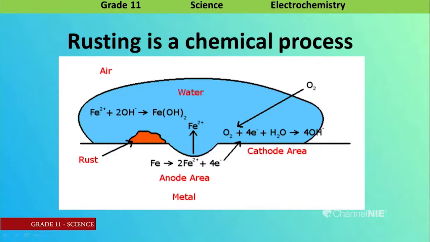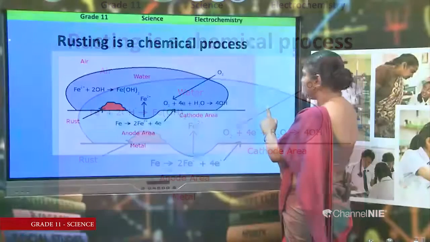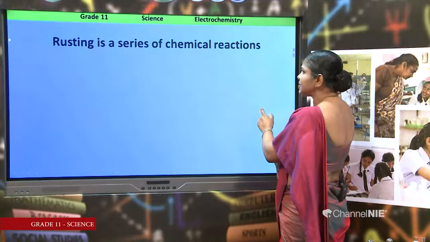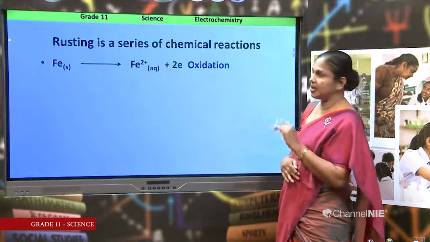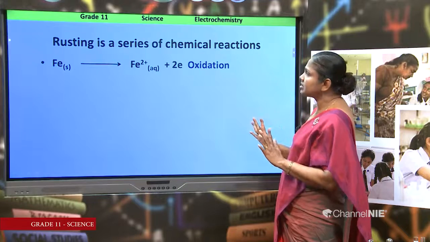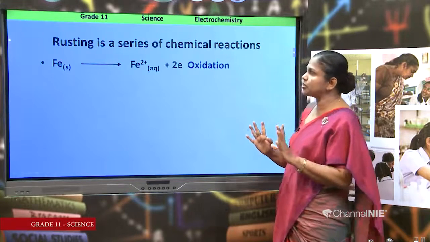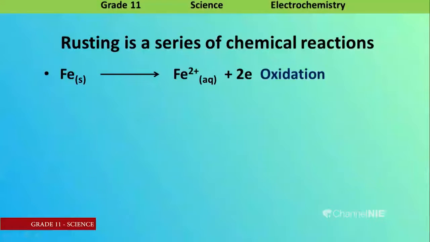Right, children, let me show you the chemical reactions that occur on iron one by one. First, when the iron is exposed to water and oxygen, iron oxidizes by releasing electrons and ferrous ions are formed. After a few hours or a few days, this is a long-term process.